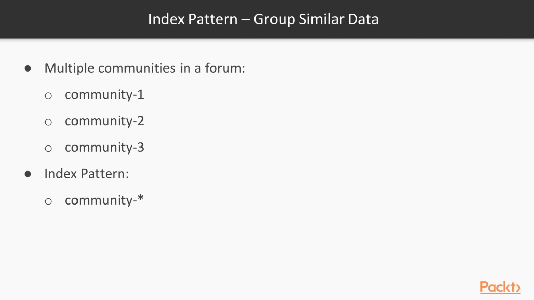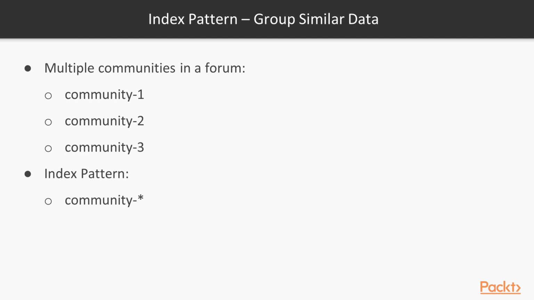So we would create an index in Elasticsearch that would store all of our comments and whatnot. And we could name them something like community-1, community-2, community-3. Then we can use those individual indexes to store just the data for those communities. It's a great way to basically have a multi-tenant system within Elasticsearch.